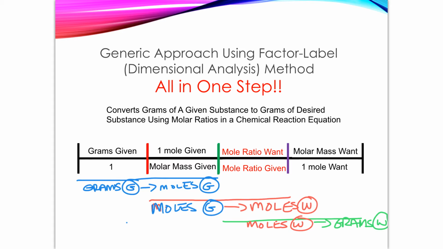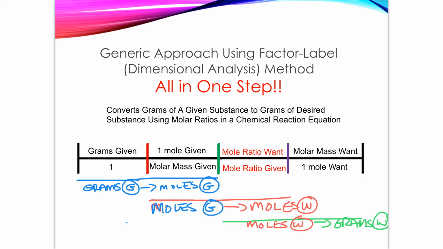Now, I'm going to tell you that this setup right here is exactly the same for every gram-to-gram stoichiometry problem in chemistry. There is no other way to do it. You start out with grams given, convert it using the molar mass into moles, use the mole ratio between the want and given, and then finally you convert back to grams using the molar mass of your want.